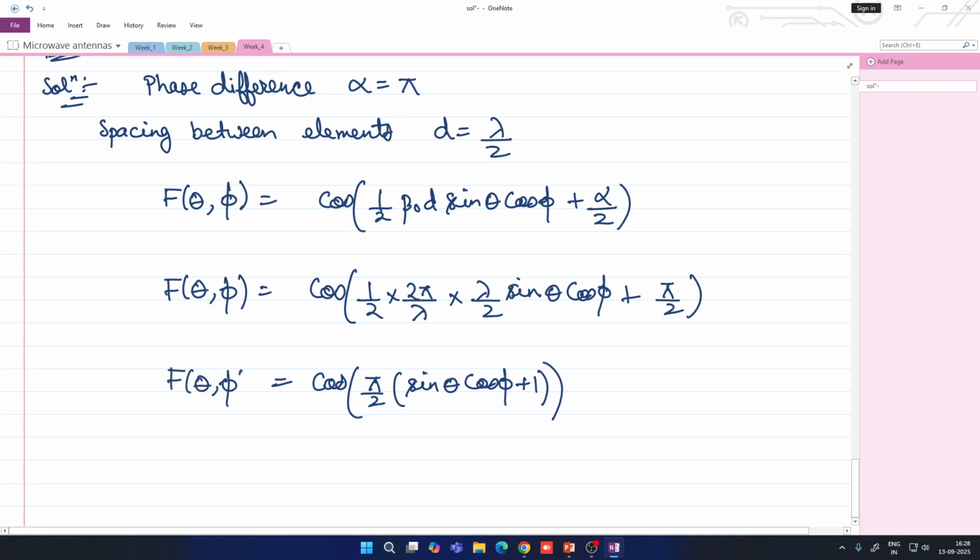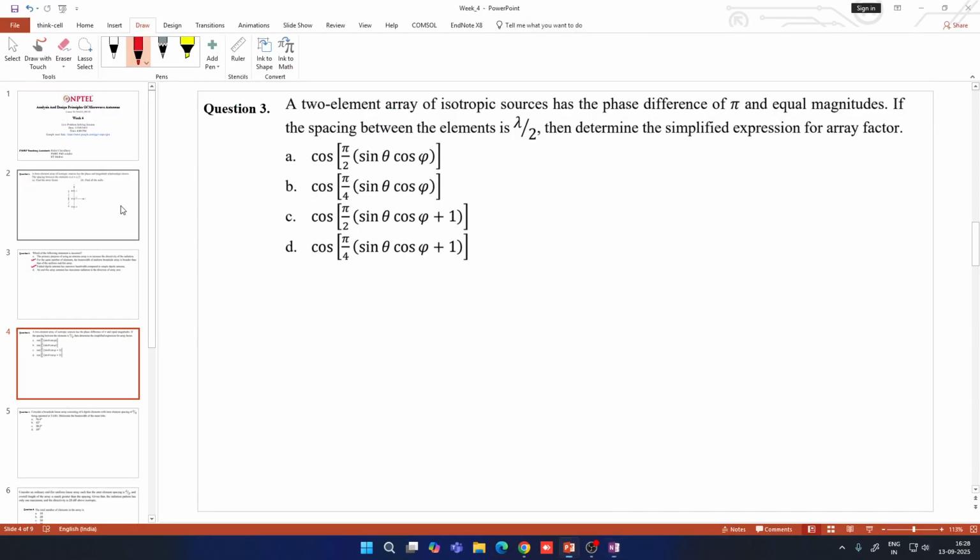So this is the required simplified array factor for the given array configuration. If we match it with the given options, we see option C is correct.